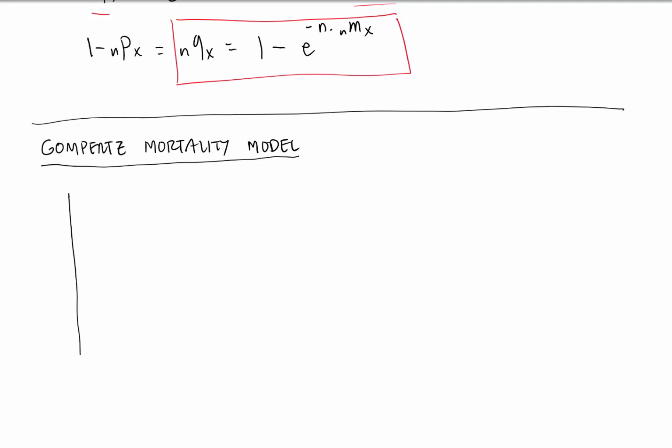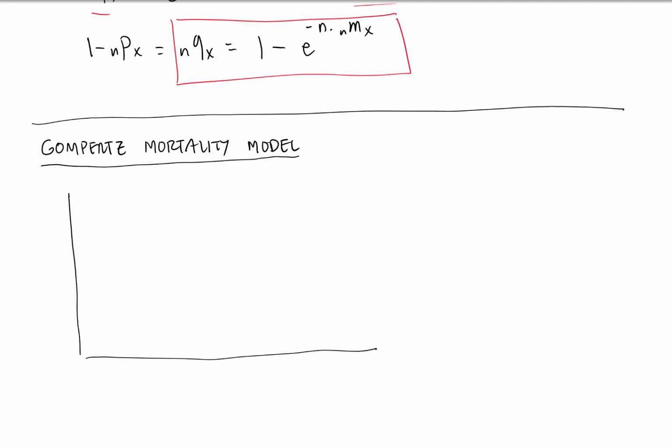Let's say, I think I drew last time some typical shapes of the life table functions. I drew a shape of what lx looks like, what e sub x looks like, what the d's look like.